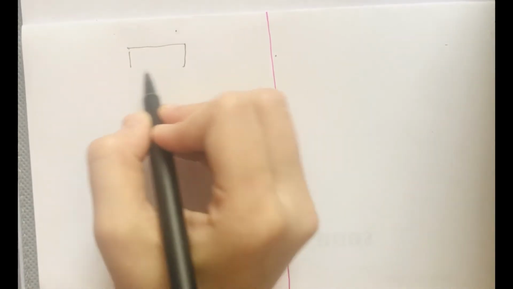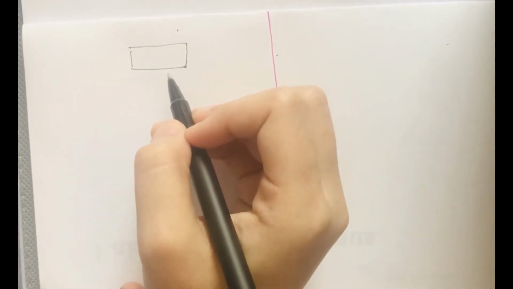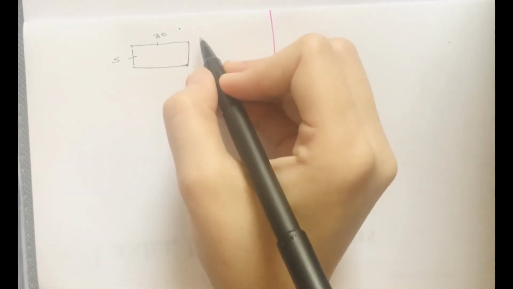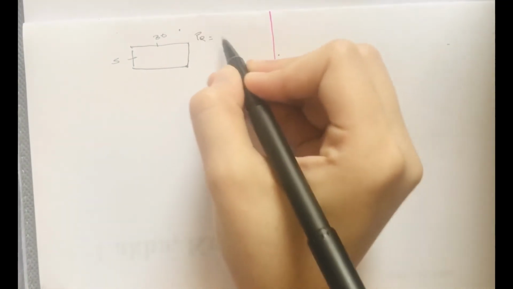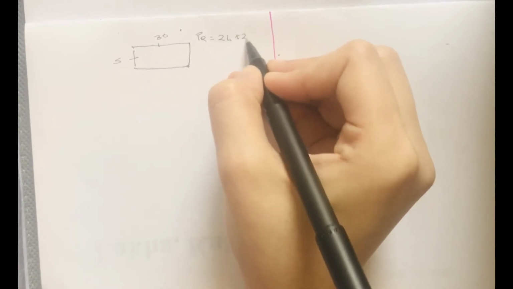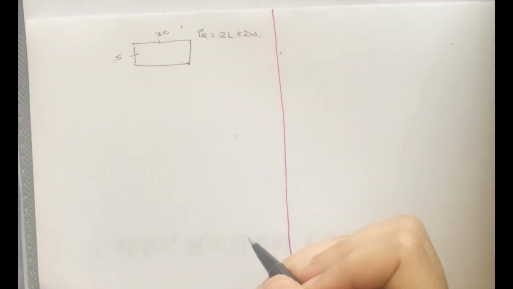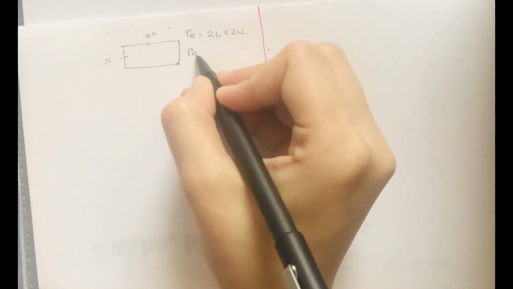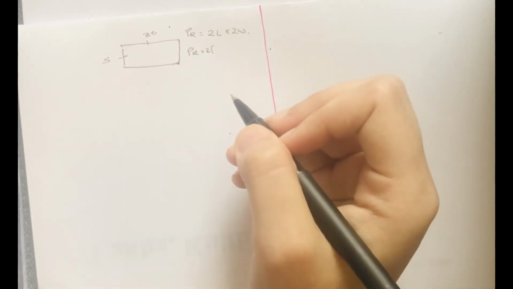Okay, let's begin with a rectangle which has length 30 and width 5. If you recall, the perimeter of a rectangle is given by 2L plus 2W. So you can easily substitute: 2, what is your length?